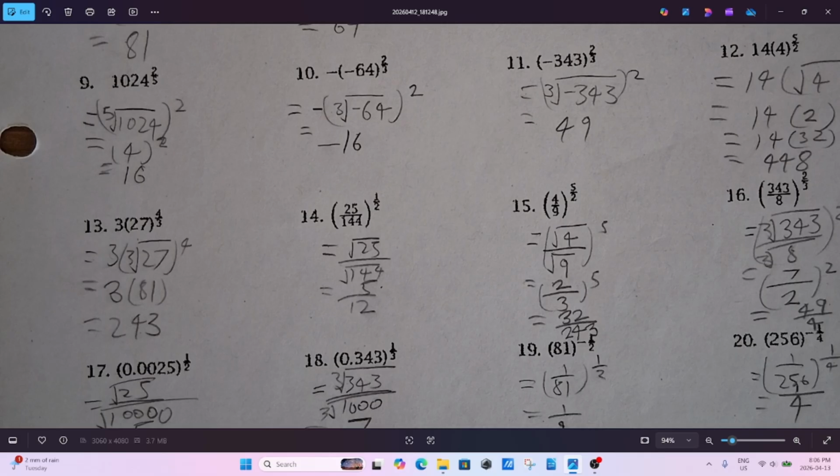Negative 64 to the exponent 2 over 3 is equal to negative third root of 64 squared, which is equal to negative 16. 11. Negative 343 to the 2 over 3 is equal to third root of negative 343 squared, which is equal to 49.